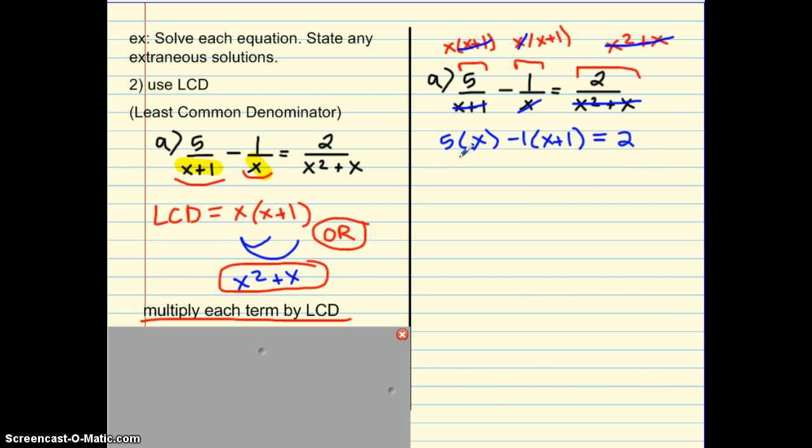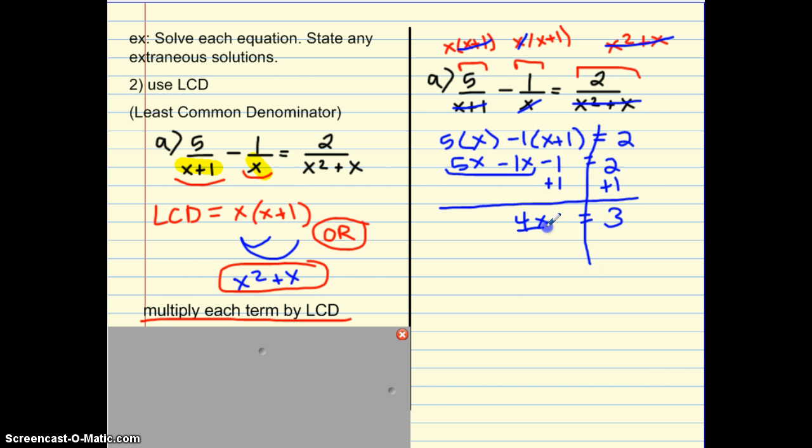And now I solve this down. So my x is equal to 3/4.